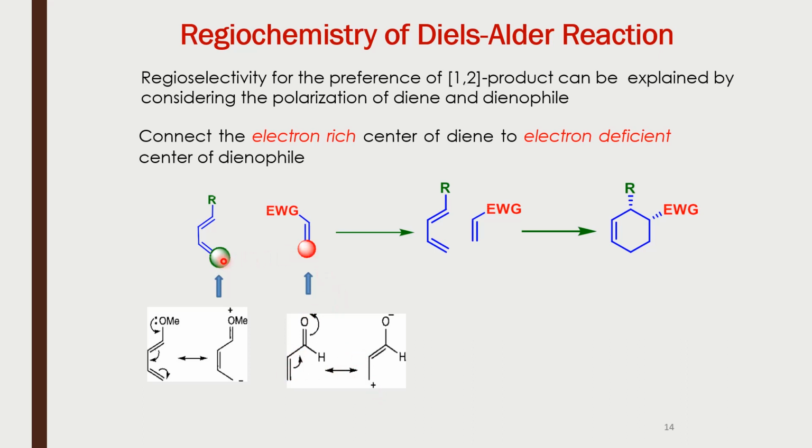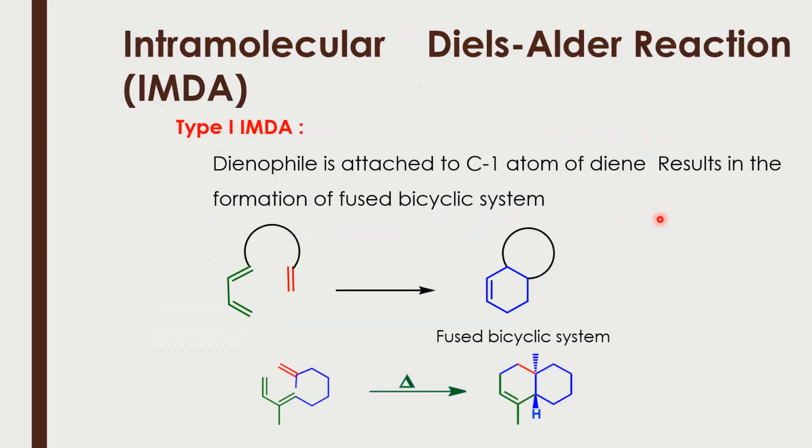So obviously you're going to have a bond formation between the rich and the poor. So there is going to be a bond formation between the C4 of the diene and the C2 of the dienophile. And if that happens, then there is going to be a bond formation between this and this, resulting in your 1,2 product. You can do a similar exercise for the 1,4.